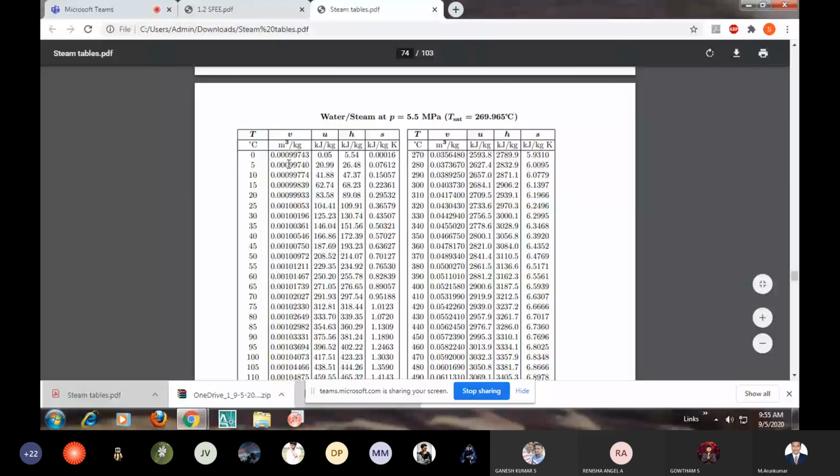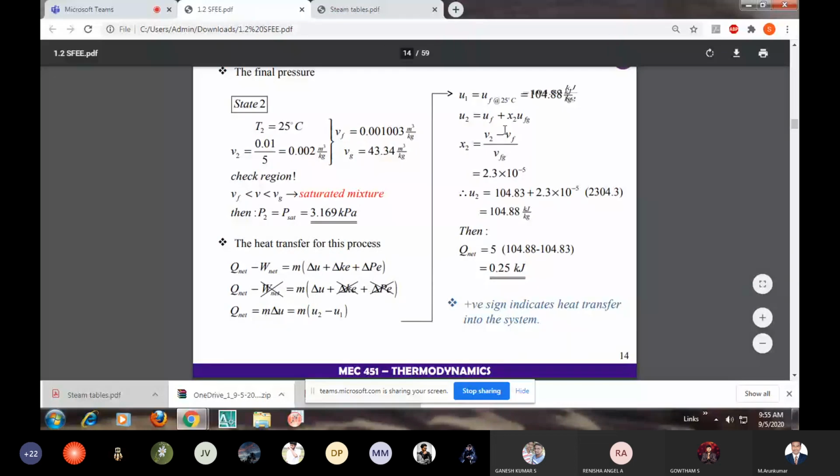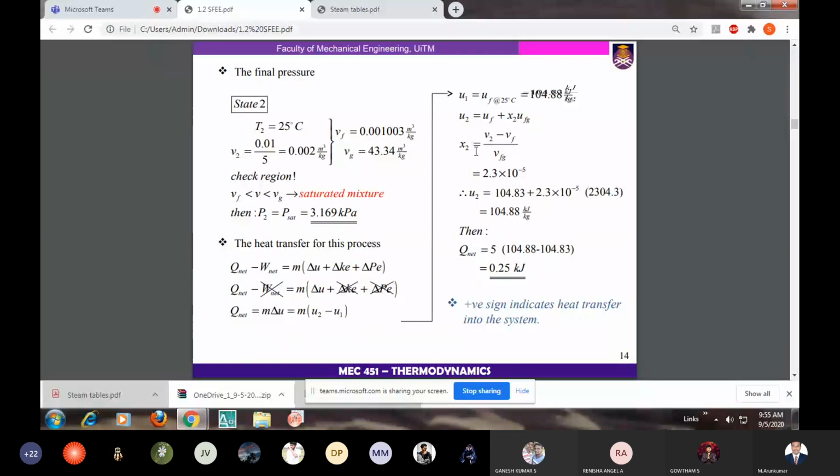Just we can take these values and we can find the value of UFG, which can be taken from the steam table. Then we can find the X2 value. We have to find the X2 value by using this formula, that is V2 minus VF by VFG. Then this will be 2.3.